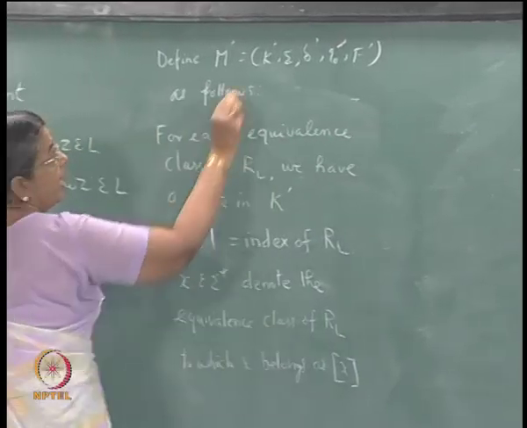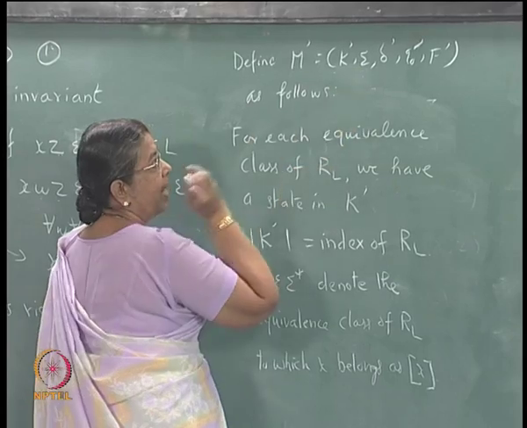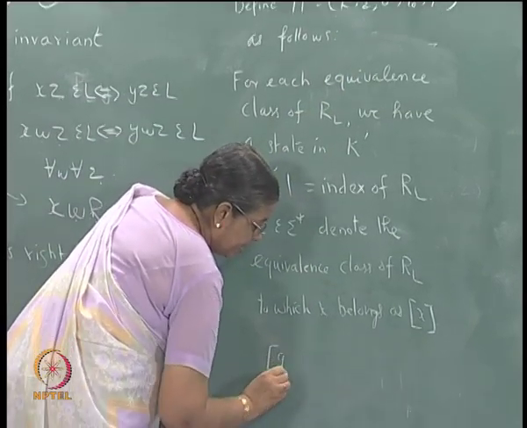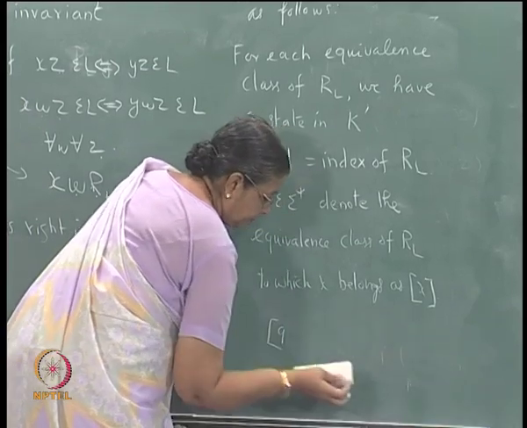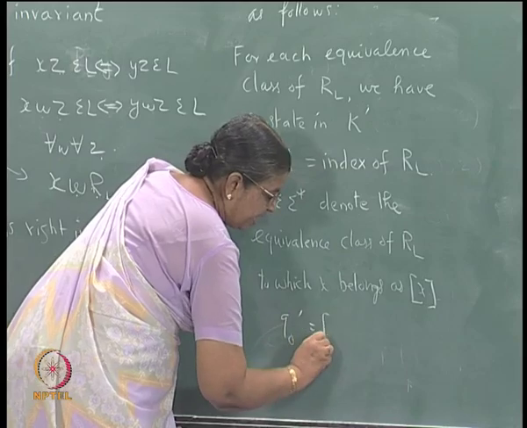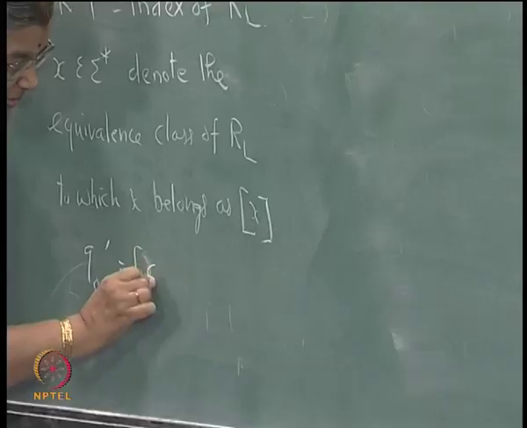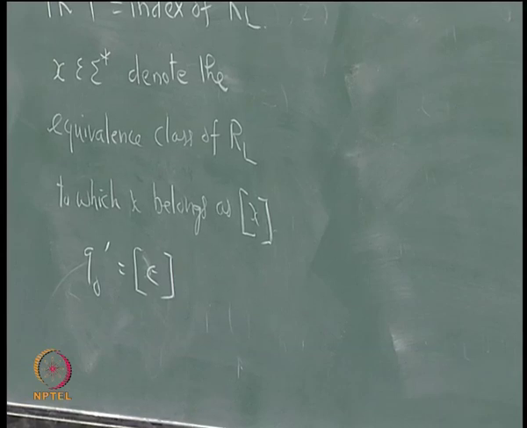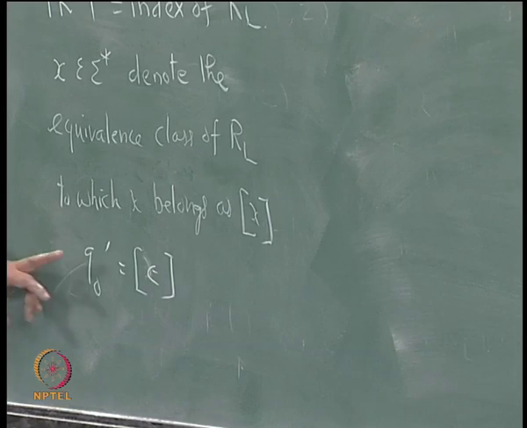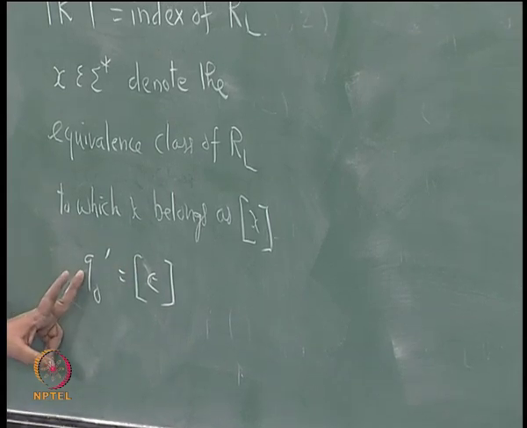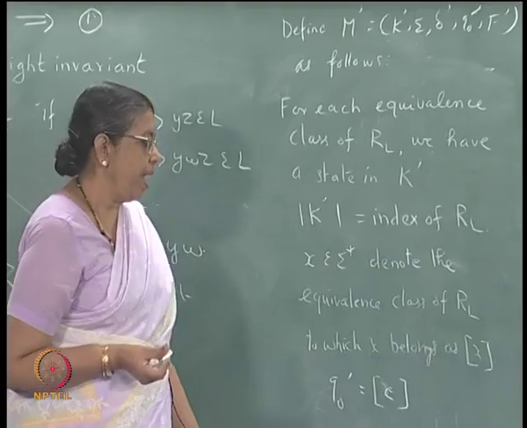So, we have defined K dash, sigma is the alphabet, Q naught dash is the equivalence class to which epsilon belongs. The empty string belongs to one of the equivalence classes, that equivalence class corresponds to a state and that is the initial state.